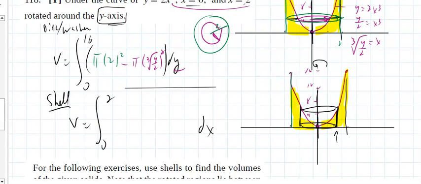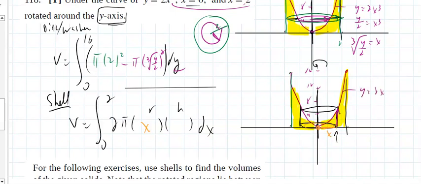X runs from 0 to 2, and I'm going to go with 2 pi, the radius and the height. Well, I know the drill. I'm going to run from the origin and call that x. In this case, I notice that that's the radius. Now, that's not always the case, but it's the case 85% of the time. As long as you're rotating about the x-axis or y-axis, that's true. But pretty soon we're going to rotate about something else. The height happens to be the top minus bottom.